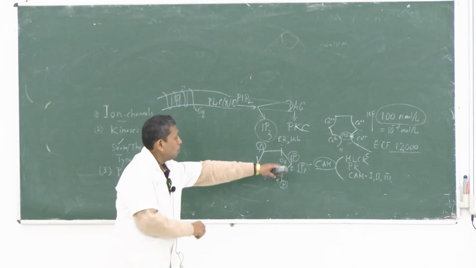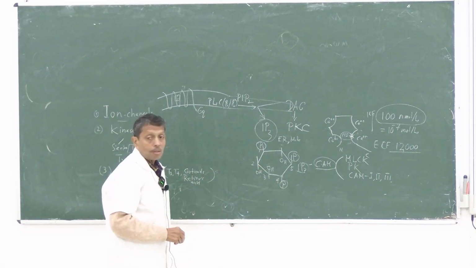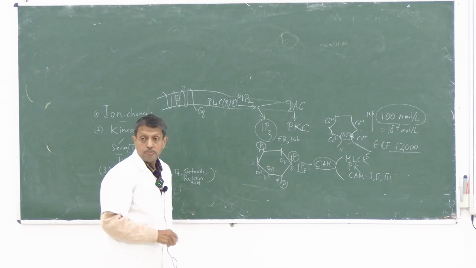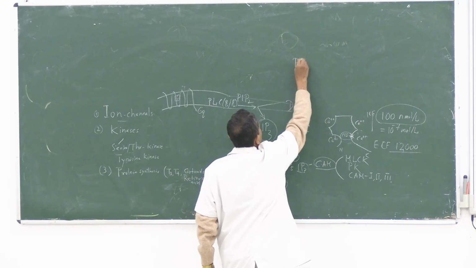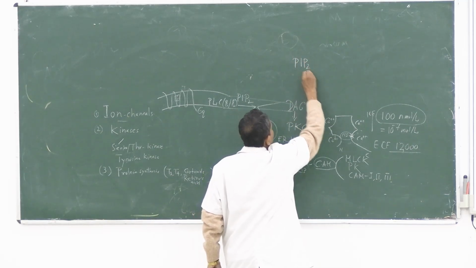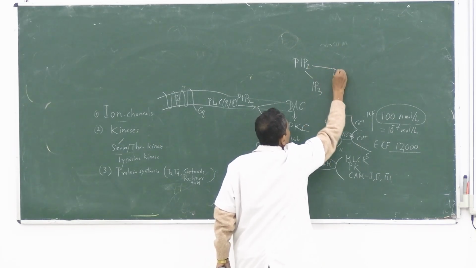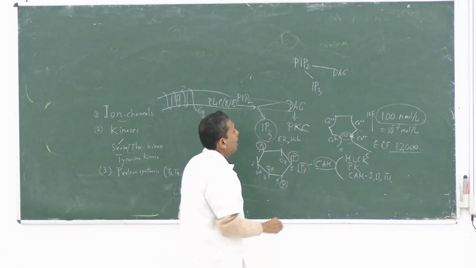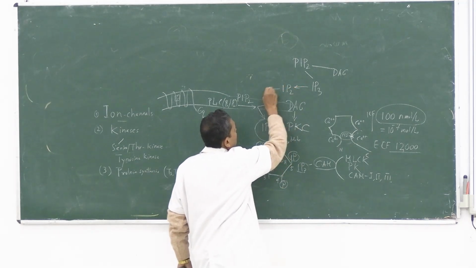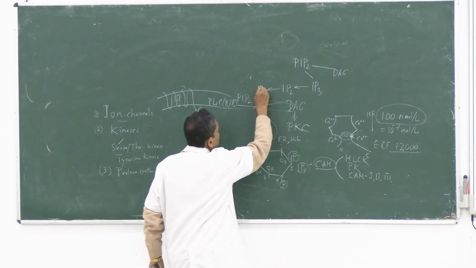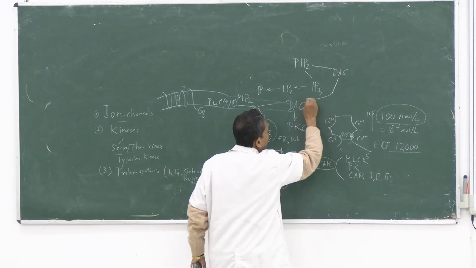Now the IP3 that is produced is terminated back into its original position. Suppose from PIP2 there is formation of IP3 and diacylglycerol, and IP3 is then broken into IP2, inositol phosphate, and it will form phosphatidic acid.